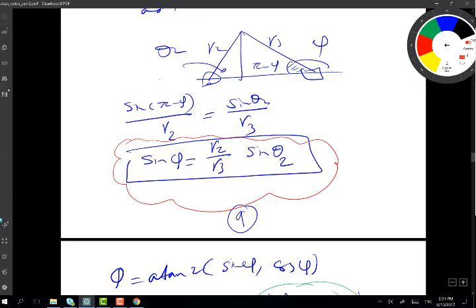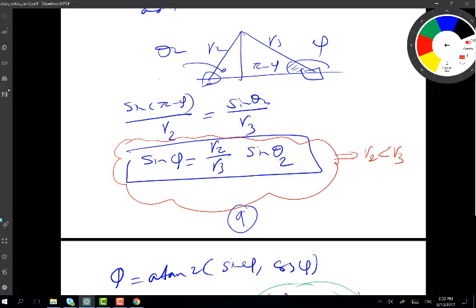This gives me lots of information because it tells me straight away that R2 has to be less than R3 to get a linkage that moves, right? Just by looking at this, R2 has to be less than R3. It cannot be equal, cannot be greater.